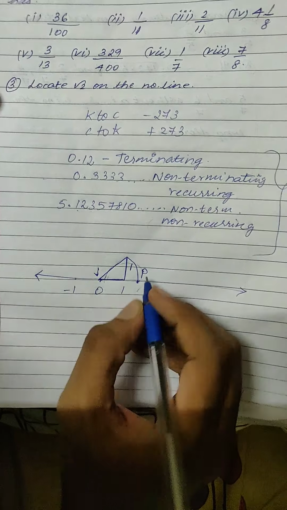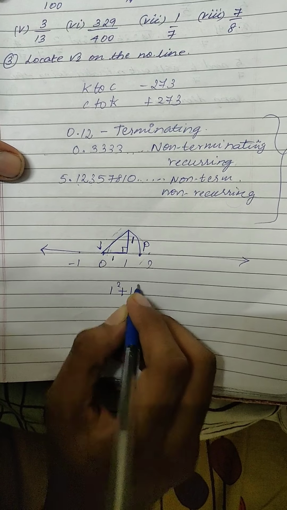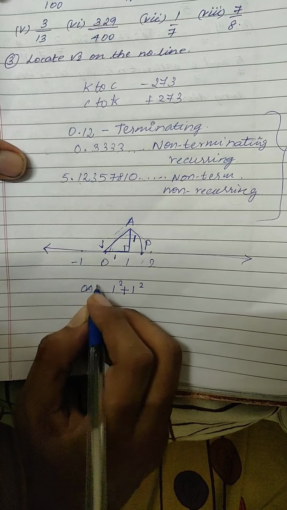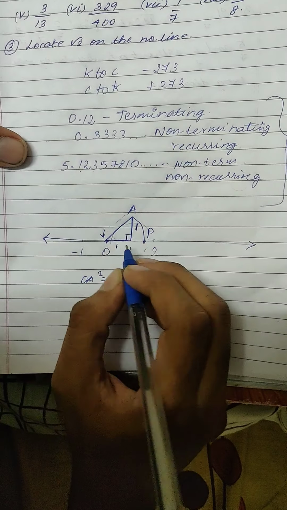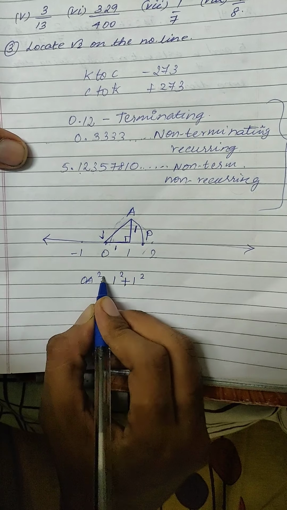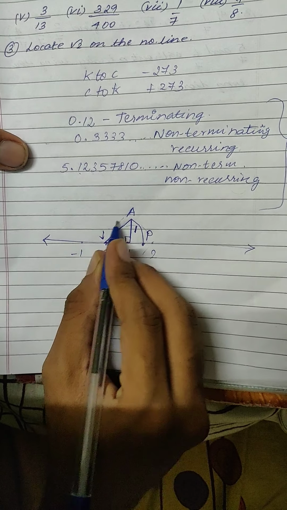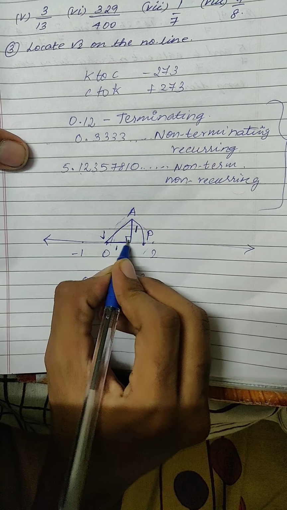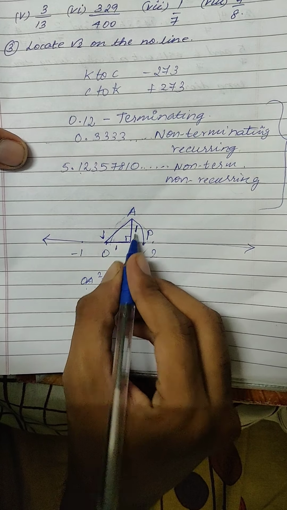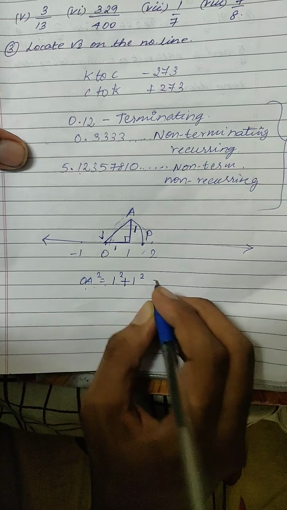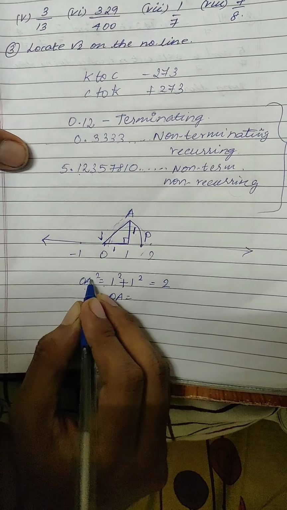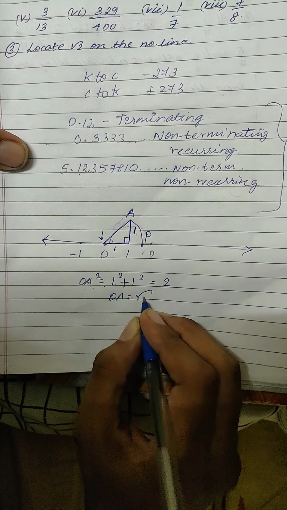Let me mark this point as A. The hypotenuse is OA, the side opposite to the right angle. OA square is equal to the sum of the squares of the other two sides, so 1 square plus 1 square, you will get 2. So OA square is 2, and OA becomes root 2.